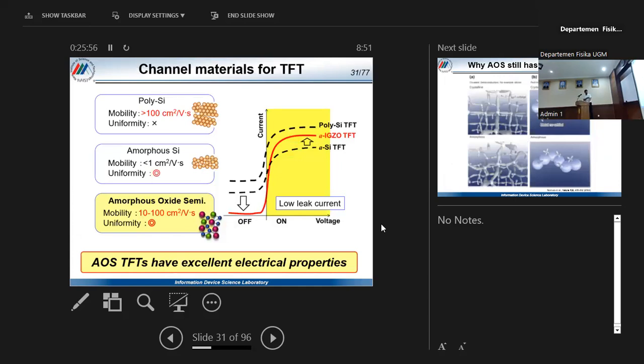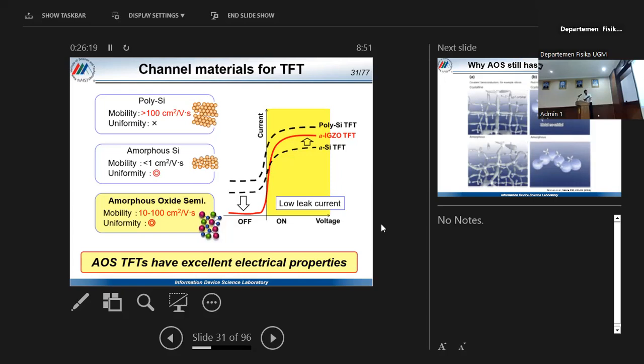Amorphous silicon is the de facto or standard channel material that was used before. This is because it's amorphous. As you know, amorphous means that you can extend it to a very large area. So the very old TVs, the very large area displays that were used before, use amorphous silicon.